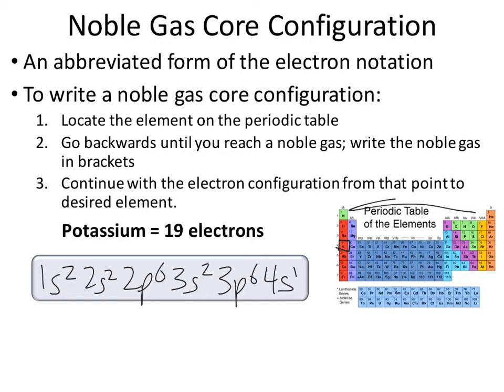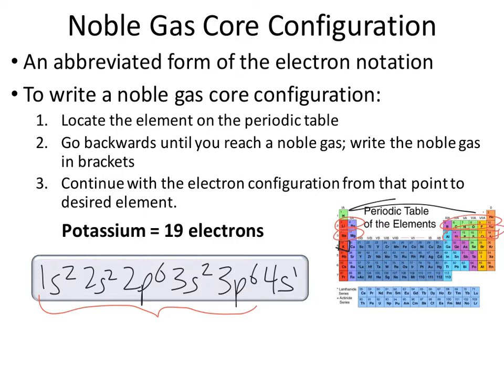Now there's actually a better way, maybe not better, but a little bit easier. If we look at this, all of these electrons equate to argon. If we were to do argon, we'd have 1s2, 2s2, 2p6, 3s2, and then since argon is the last one, it would be 3p6.